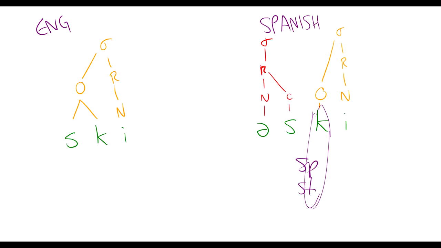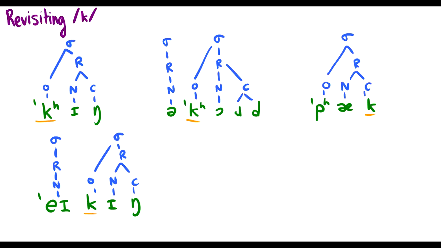Let's take a look at the English example for k, the aspirated k. I talked about before how it was in the onset of syllables. So if we take a look here, aspiration occurs in the onset. So for king, accord, pack, and aching, we can take a look here and we can say, okay, so here's the stress and here's the onset.